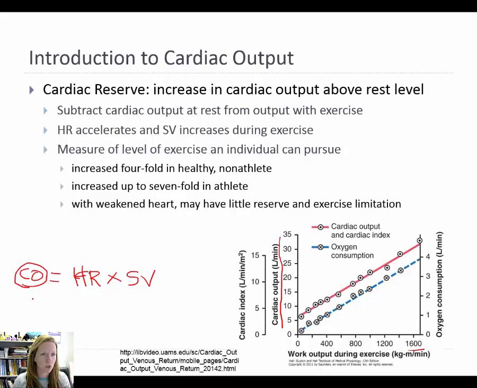I know the last slide we were talking about maintaining it, but in this instance, we're looking at exercise. If we want to increase it, then usually you're going to have your heart rate accelerating. Everything you think is going to occur with exercising, right? Yeah, your heart rate increases, but so does stroke volume. Those two are going to work to make sure that cardiac output does increase.